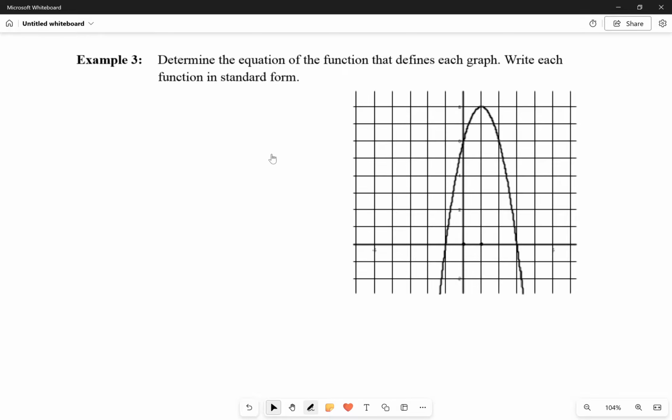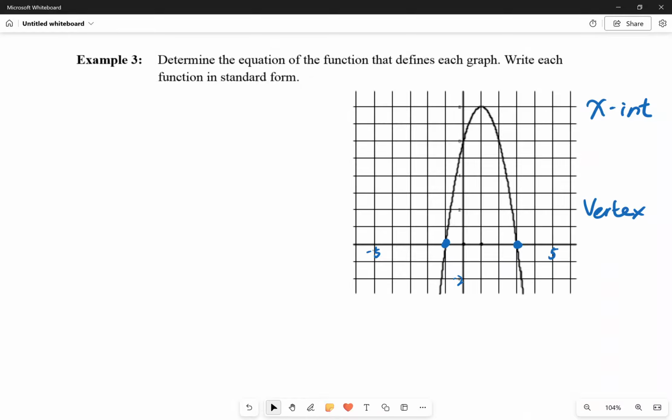Okay. So the three key points that you want to use for these questions are your two x-intercepts, if you have two of them. Sometimes you don't. But we're going to find our x-intercepts, and you also need your vertex. Okay. So where are my x-intercepts? This is my x-axis right there. So that means my x-intercepts are at this point and this point. It's a little bit blurry, but 5 is over here, and then negative 5 is over here.